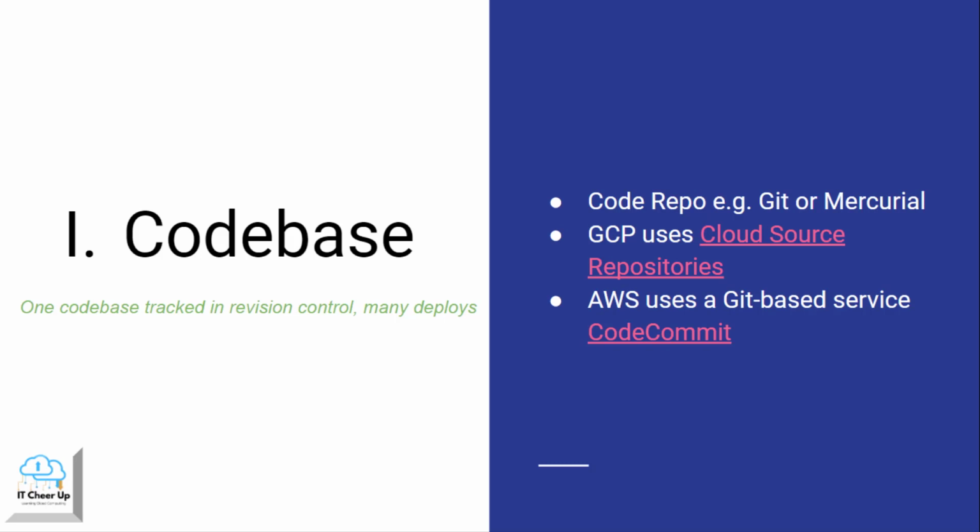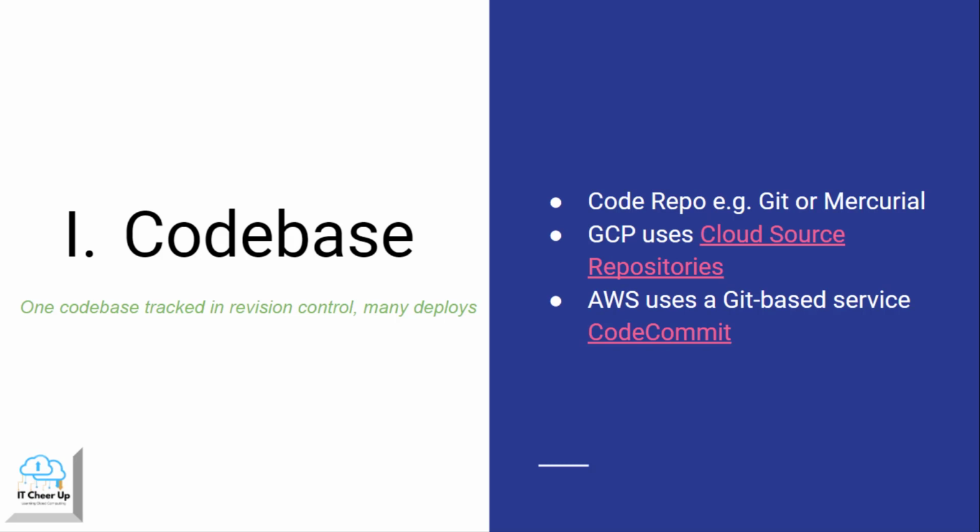Public cloud providers also offer version control services that you can use to privately store and manage assets such as documents, source code, and binary files in the cloud. GCP uses Cloud Source Repositories to collaborate and manage your code in a fully featured, scalable, private Git repository.